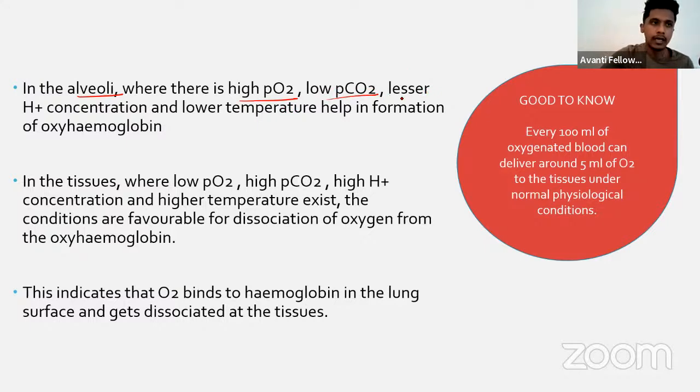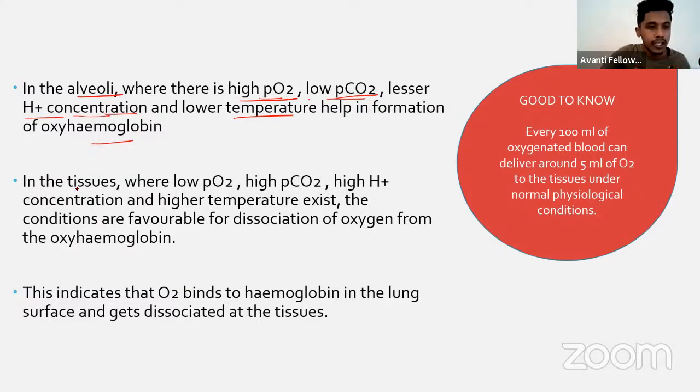There is also a lower hydrogen ion concentration as well as lower temperature because the air is just inhaled. The lower temperature, low hydrogen ion concentration, high partial pressure of oxygen and low carbon dioxide concentration will help in the formation of oxyhemoglobin. Did you understand? Okay. Next one.